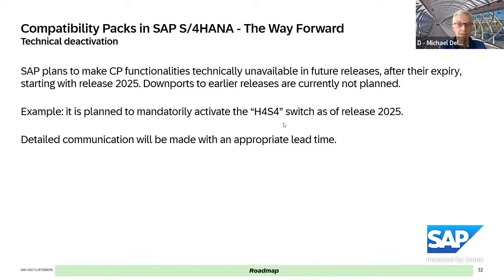Meaning, dear customers, when you upgrade to release 2025 and when you move into the year 2025, please make sure that you have actually replaced the HCM compatibility scope with the perpetual scope HCM functionality in S/4HANA. More information and communication will be given with an appropriate lead time and once the decisions have been taken. Next slide, please.